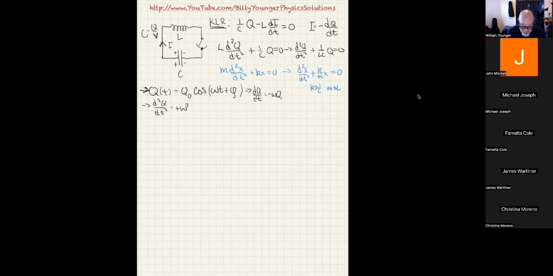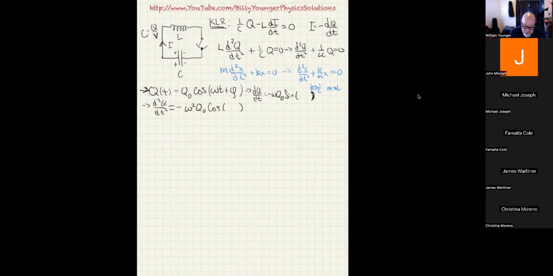So let me fix that now. That's going to be negative omega Q0 times the sine of the same argument, omega t plus phi, but I'm saving myself some writing. Now when I take the derivative of that to get the second derivative, I end up getting negative omega squared Q0 times the cosine of that same argument again, omega t plus phi.